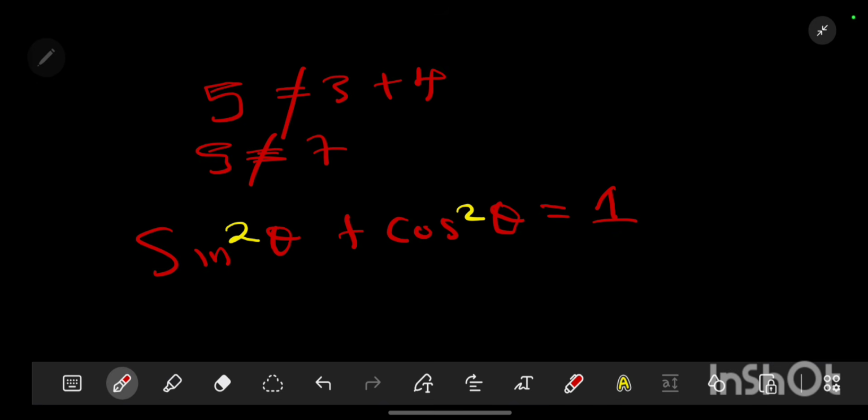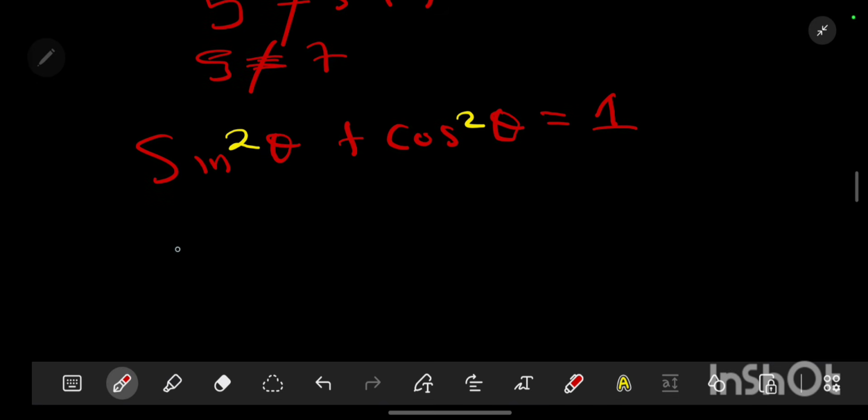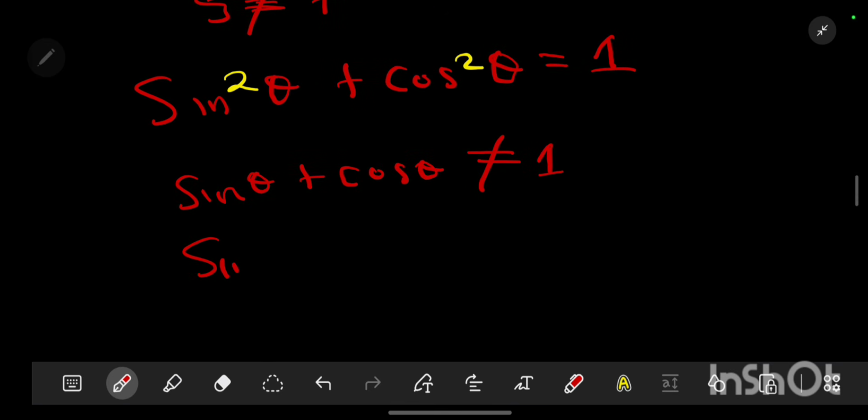What this means is that whenever you have sine of theta plus cos of theta, this is not equal to 1. Even sine to the power 3 theta plus cos to the power 3 theta is not equal to 1.